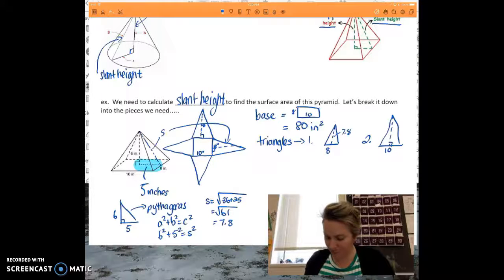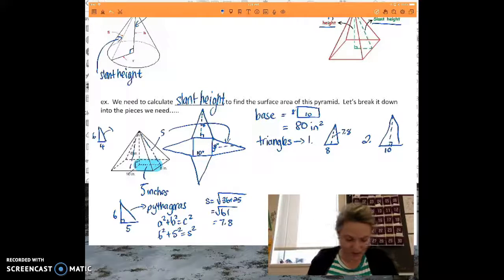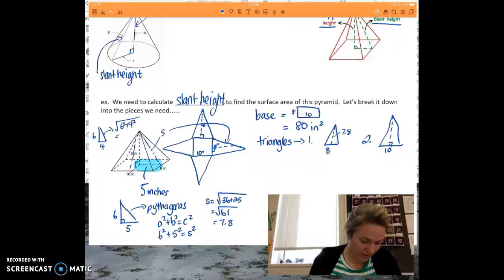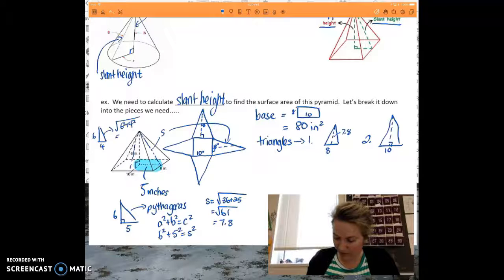Let's check. That one goes like this, and would be 6 the height, 4, slightly different. So this one's going to be the square root of 6 squared plus 4 squared, which is 7.2.